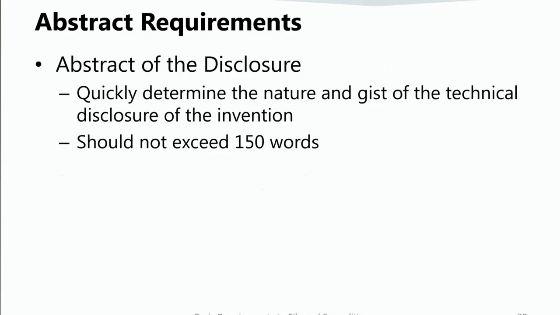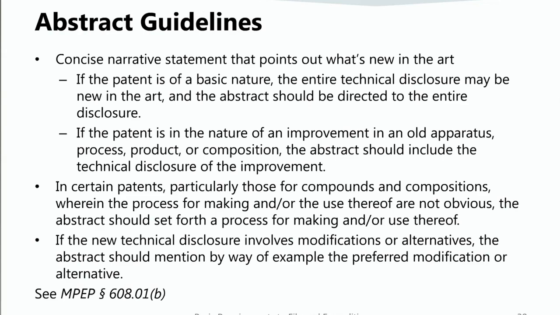Likewise, the abstract appears on the first page of a granted patent and should enable the examiners and the public to determine quickly from a cursory inspection the nature and gist of the technical disclosure of the invention. MPEP 608.01(b) provides additional guidelines for the preparation of patent abstracts.